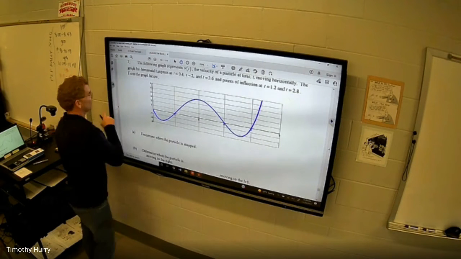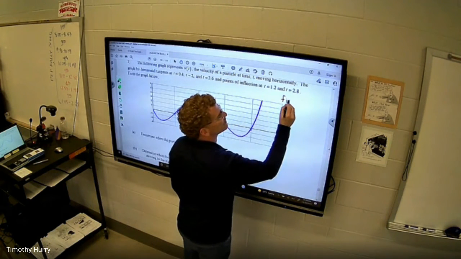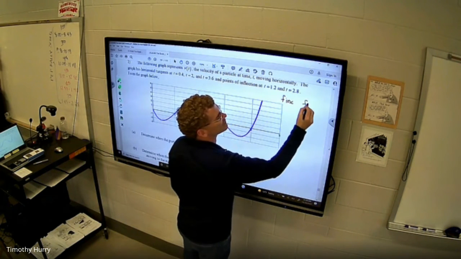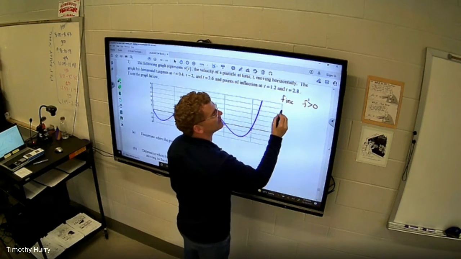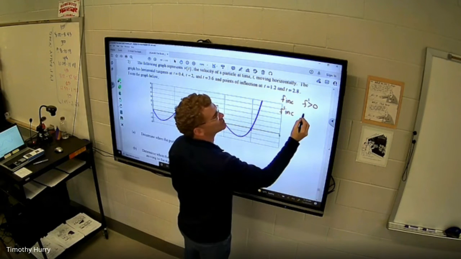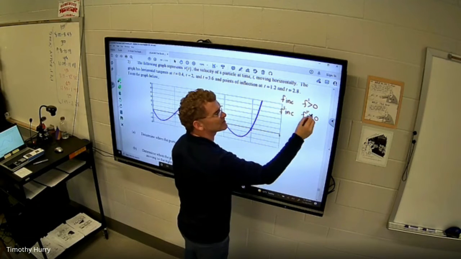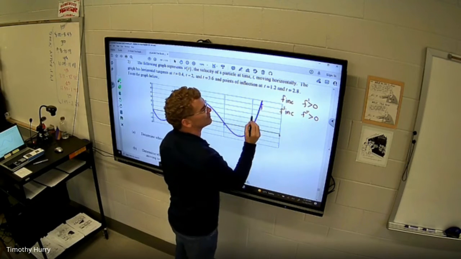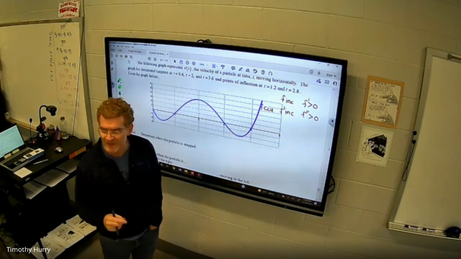If you have a function and it's increasing, then what do you know about its derivative? It's greater than 0. Well, with that in mind, if I had a derivative and it was increasing, then what would you know about its second derivative? It's positive. And if I know the second derivative is positive, what do I know about the original function? It's concave up, right?